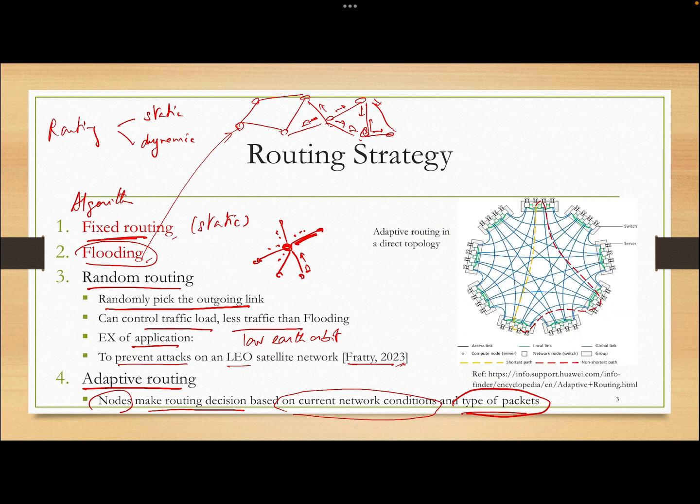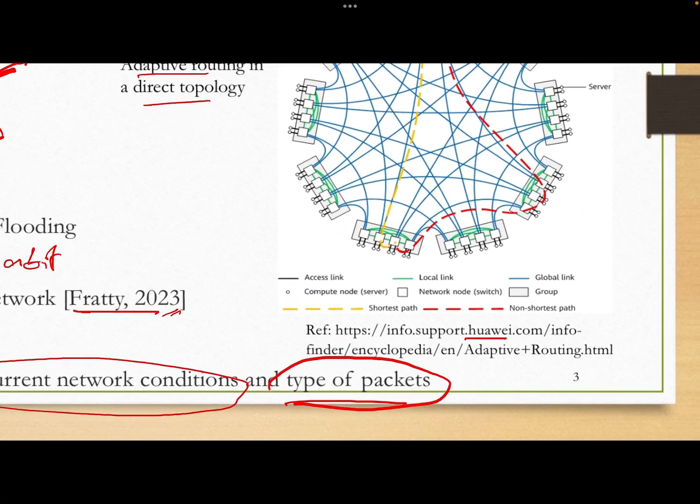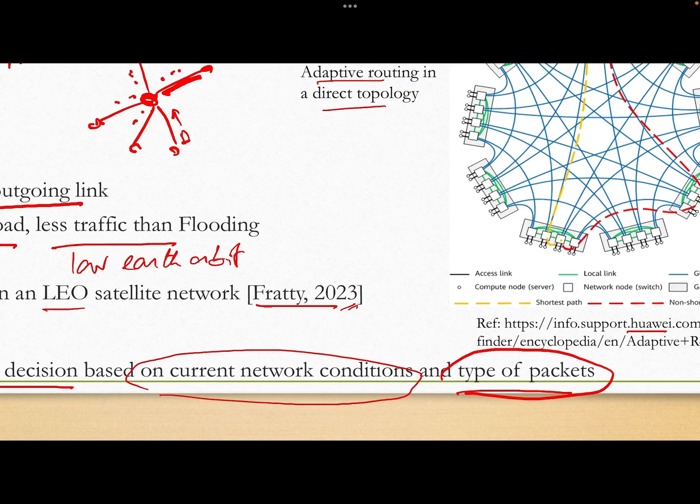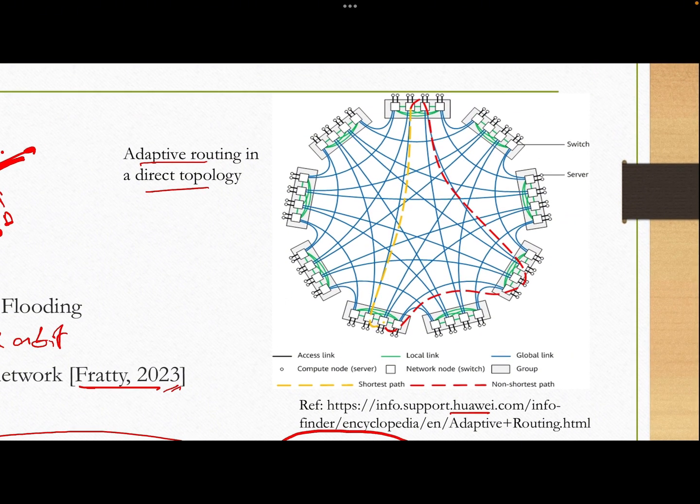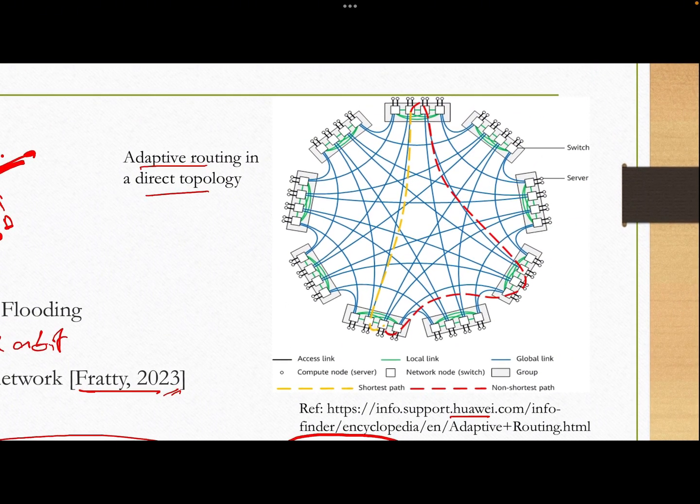And these are some examples of very simple adaptive routing in a direct topology. This is from the Huawei website. So you have everything connected. The yellow is the shortest path from this to this, so usually you will go this way, which is option 1.